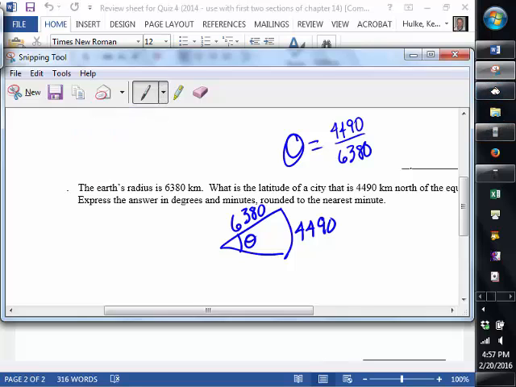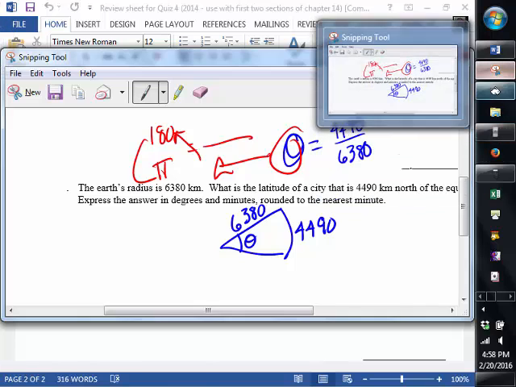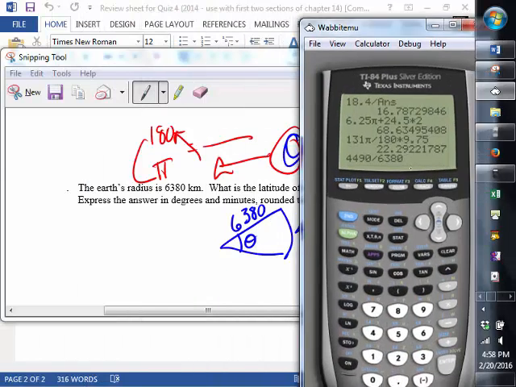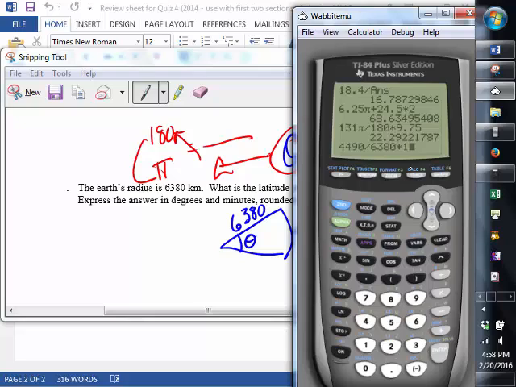Then to convert that into degrees, 180 degrees is pi radians. Whatever answer we get here, we're going to multiply by 180 and divide by pi. So we would take 4490 divided by 6380, and then take that answer times 180 divided by pi, and then we want it in degrees, minutes, seconds.